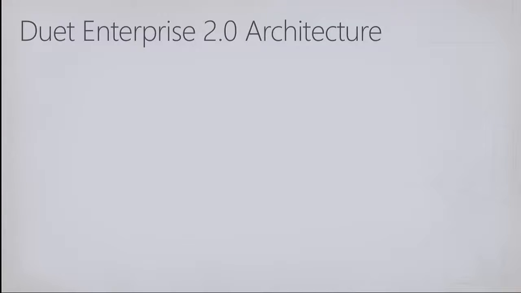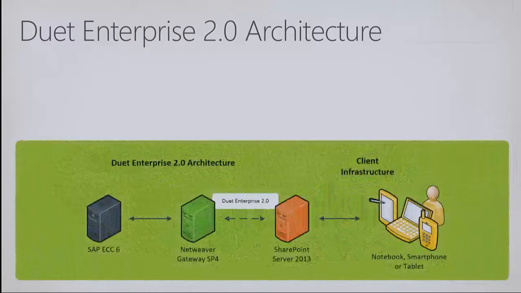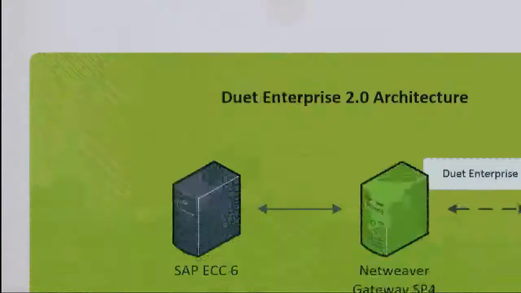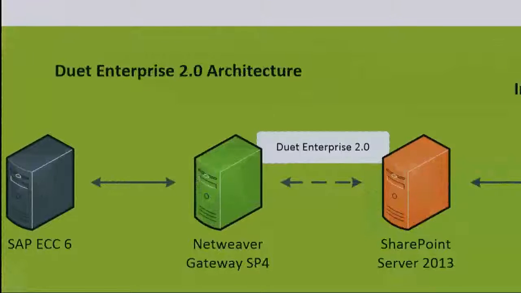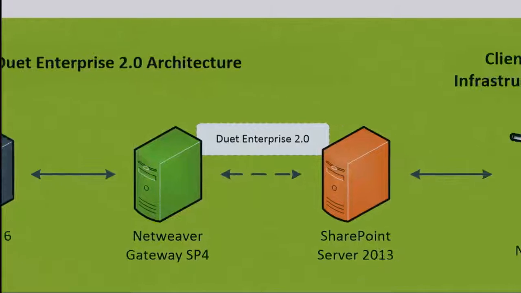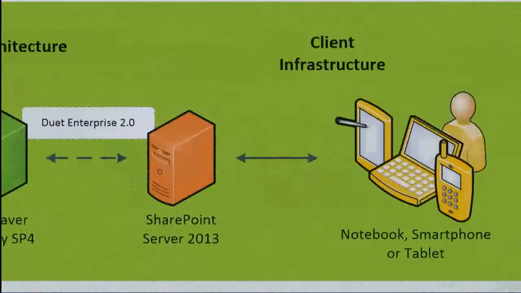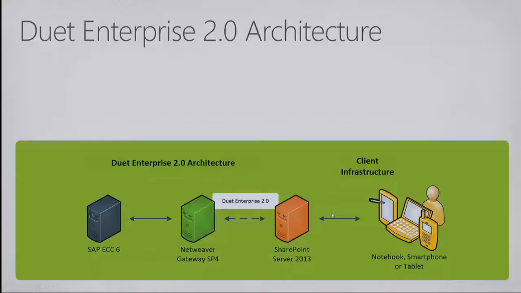So what does that mean? Well, we have an architecture here. And the architecture here that we have is SAP ECC6 to NetWeaver Gateway SP4 you need. You need SharePoint 2013. So if you want that, and then you can go to notebooks, smartphones, anything like that.